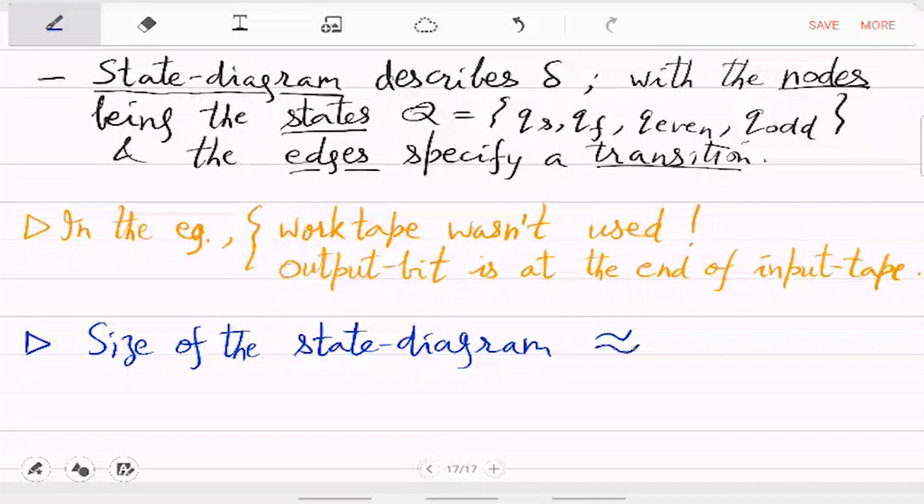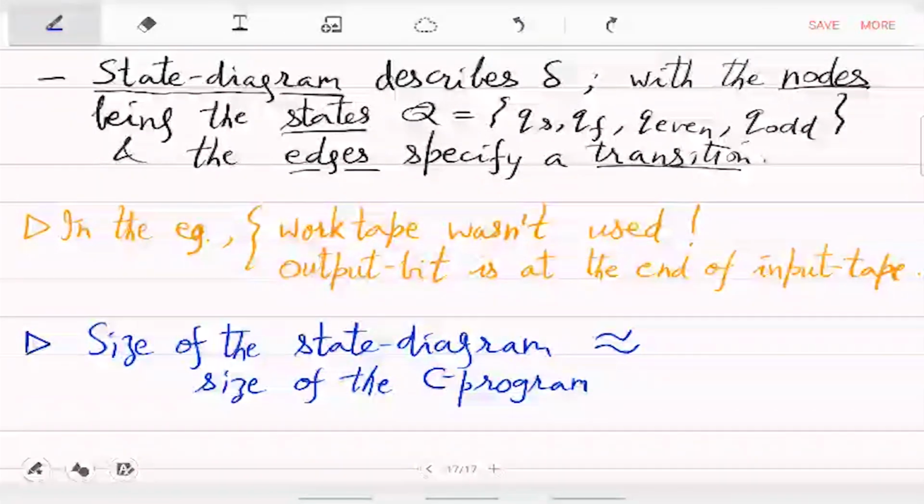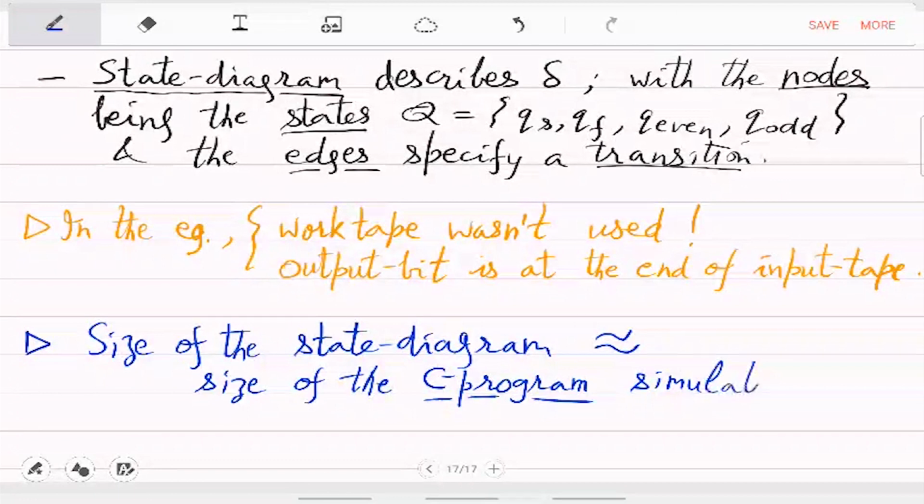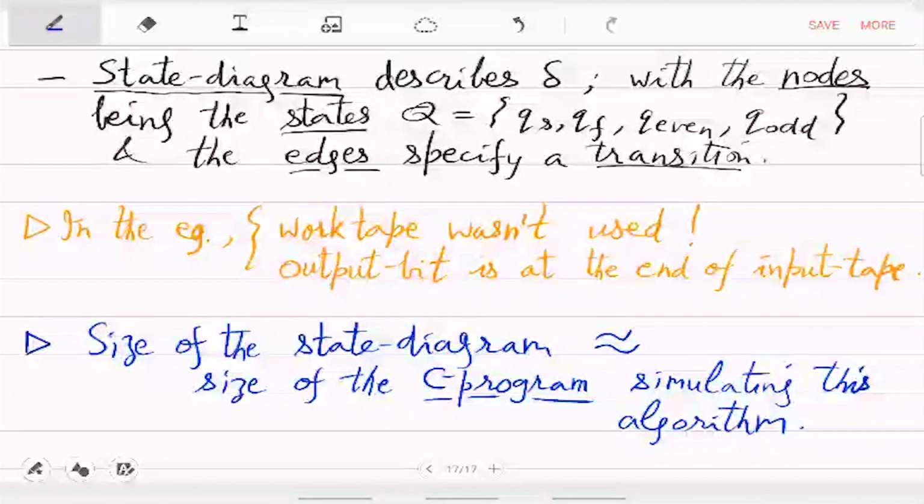So the size of the state diagram is kind of proportional to the size of the C program, let's say, simulating this algorithm. That is the physical interpretation, if you will, of the state diagram.